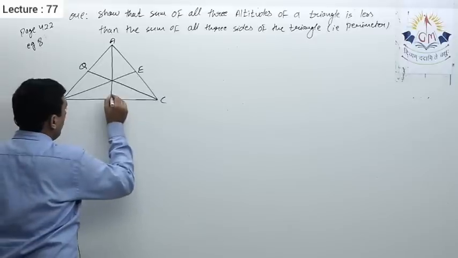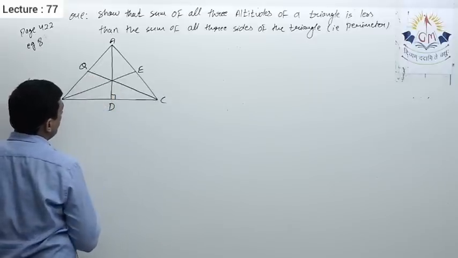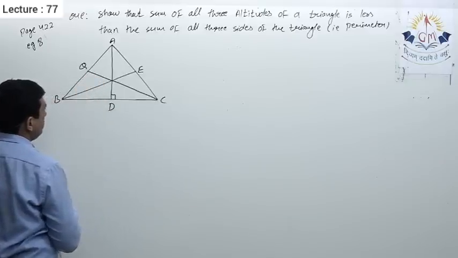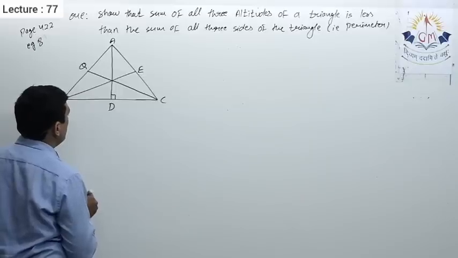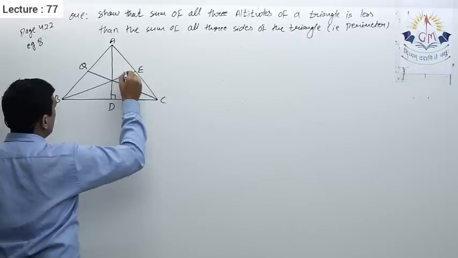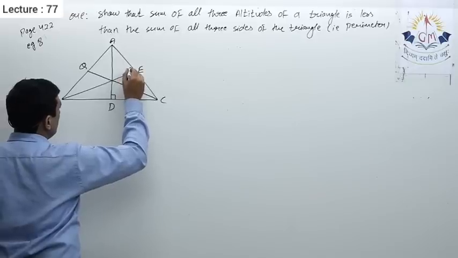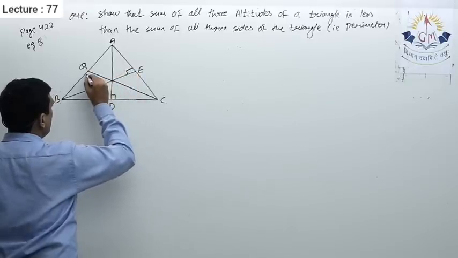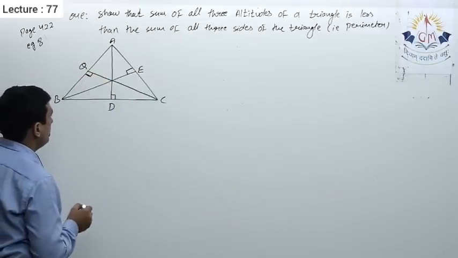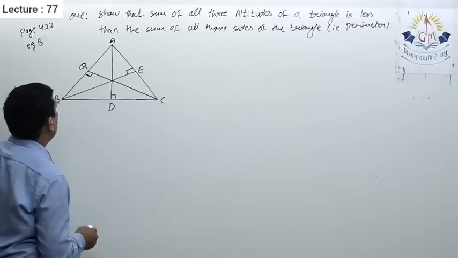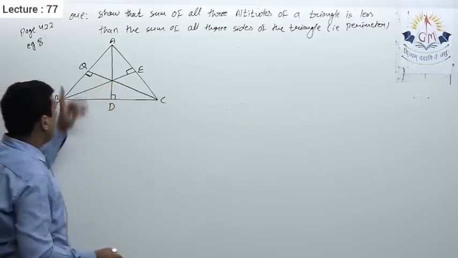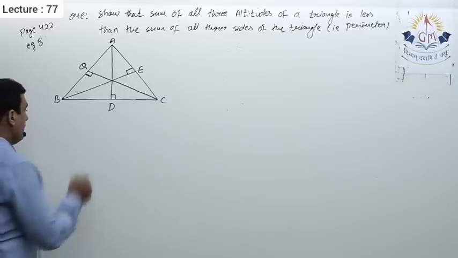So in short, what I have to prove is AD plus BE plus CQ is less than AB plus BC plus AC. That I have to prove in short.